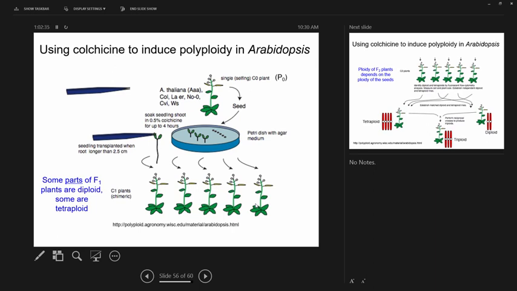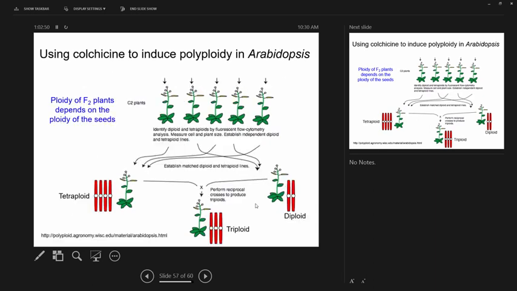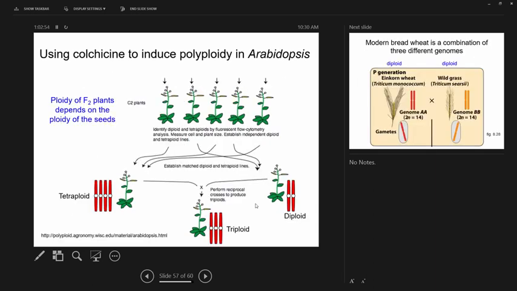So some parts of the plants are diploid, some parts of the plants are tetraploid, and what you're looking for are plants in which the parts up here that are making the gametes were the tetraploid ones. Okay? You take all these and you plant them.